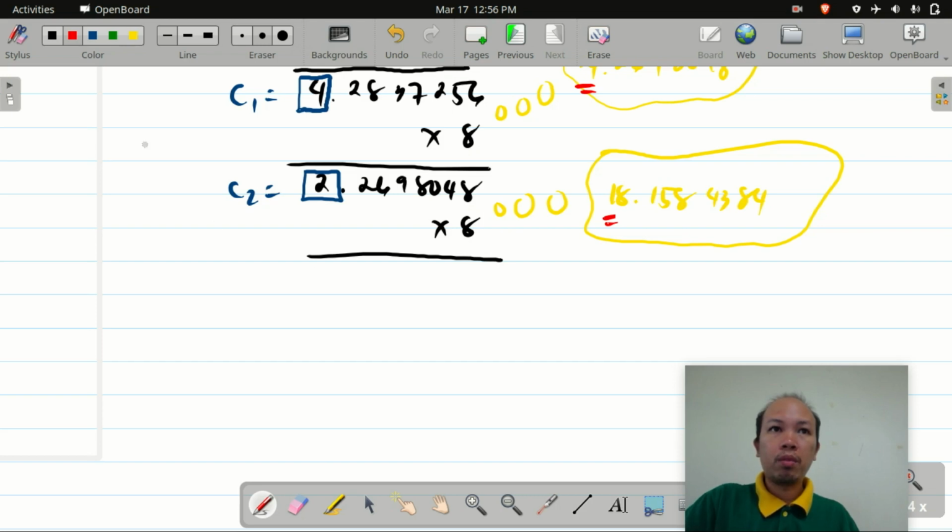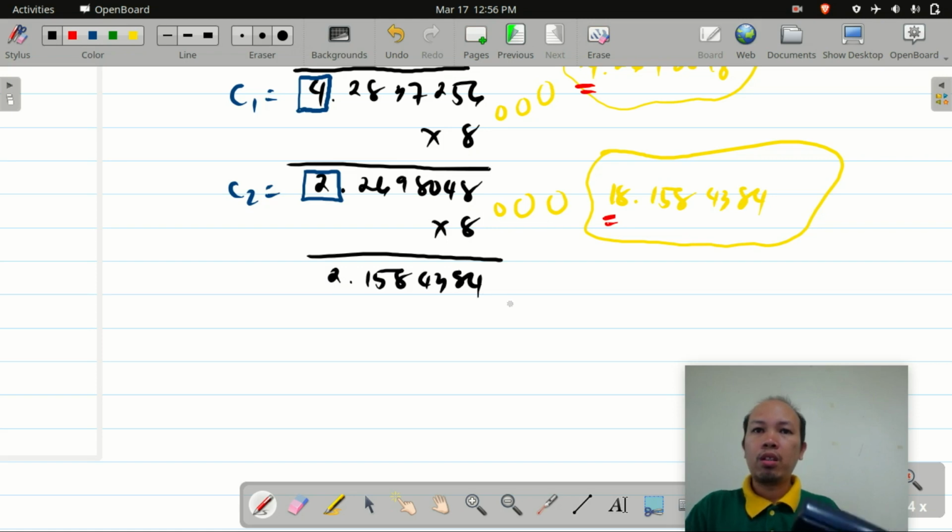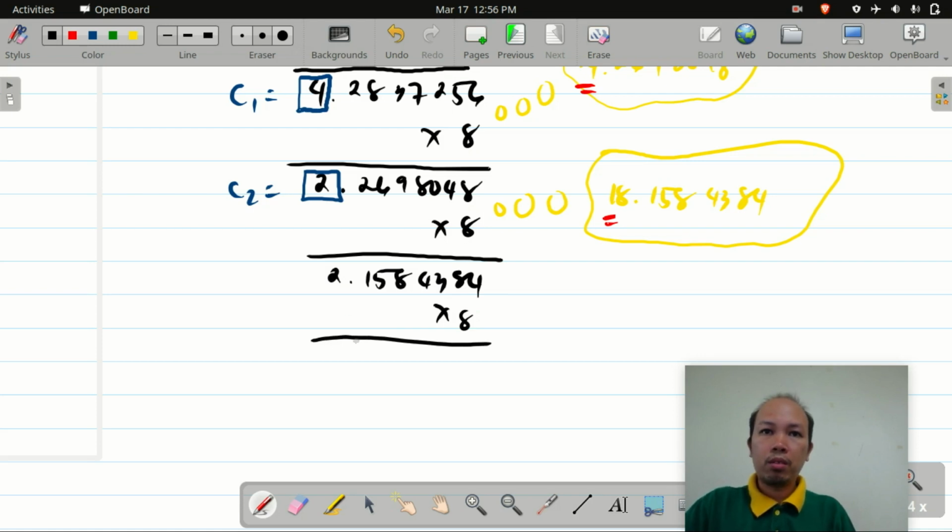We have 2.1584384. Multiply by 8 again. So this is our C sub 3. 2.1584384 times 8. We have 17.